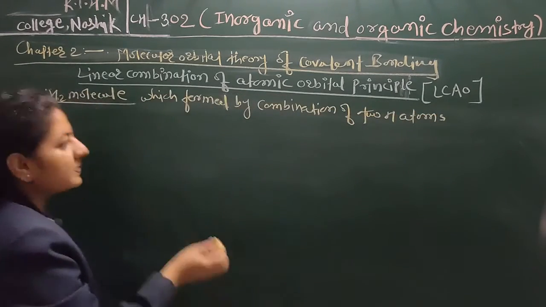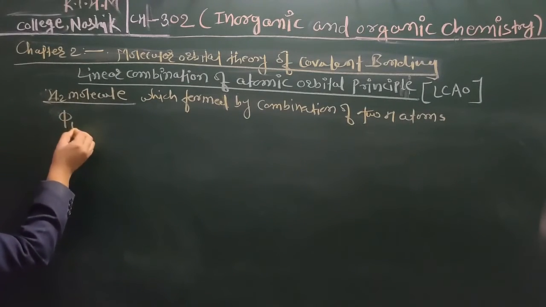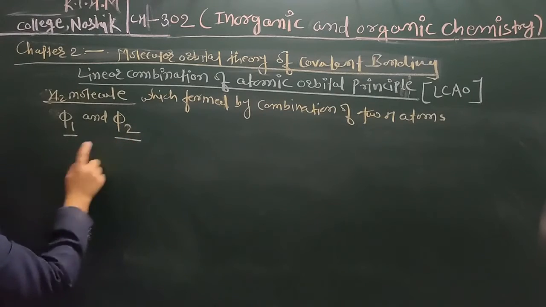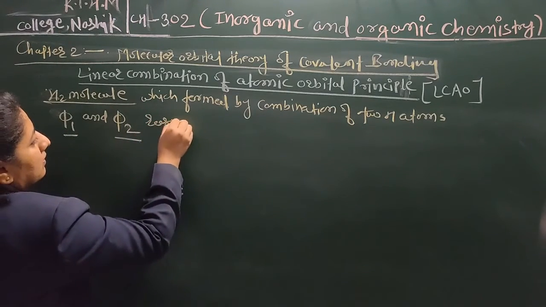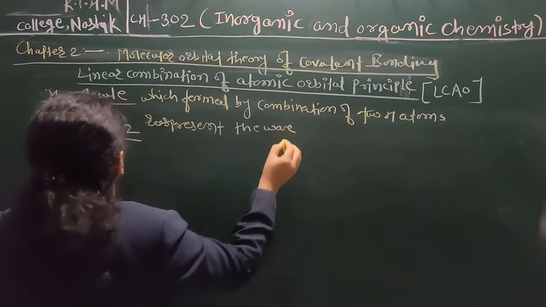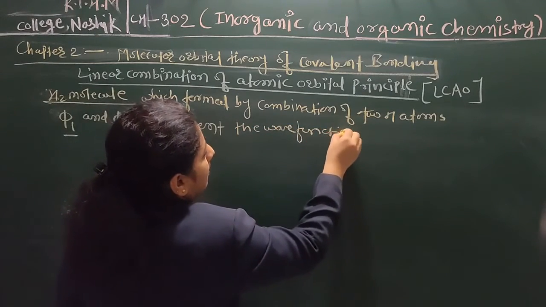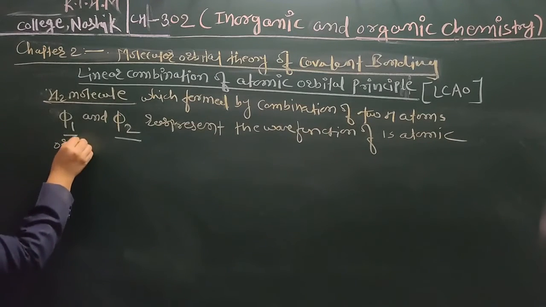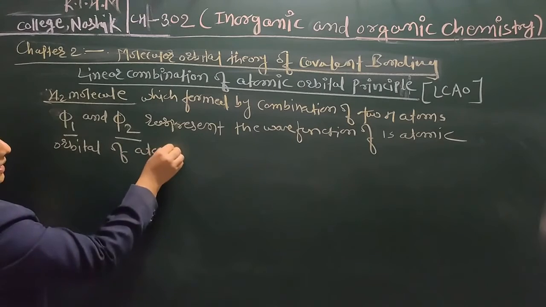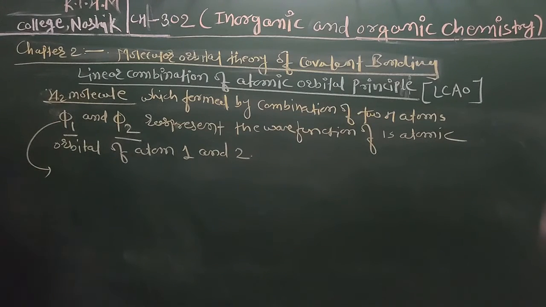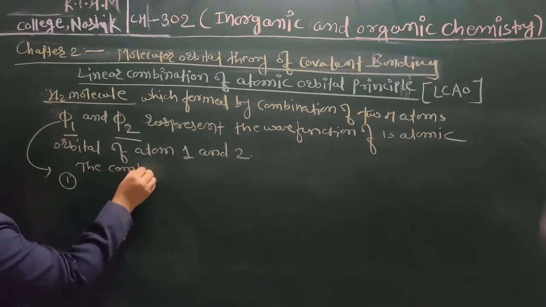These two atoms we can call atom 1 and atom 2, and they represent the wave functions, that is, the atomic orbitals of atoms A and B. There are two different ways of combination of these wave functions.